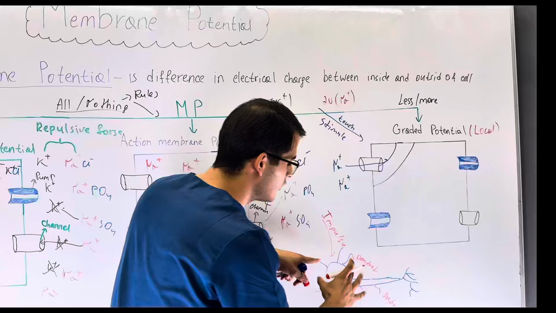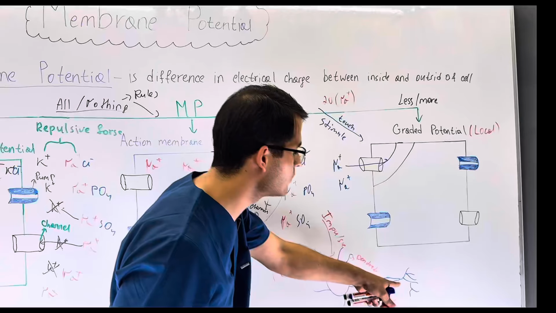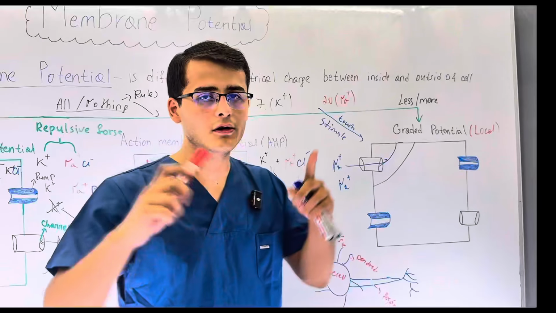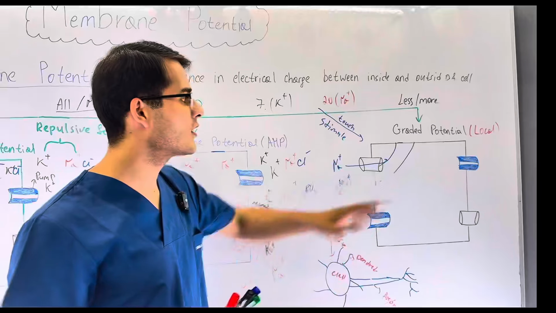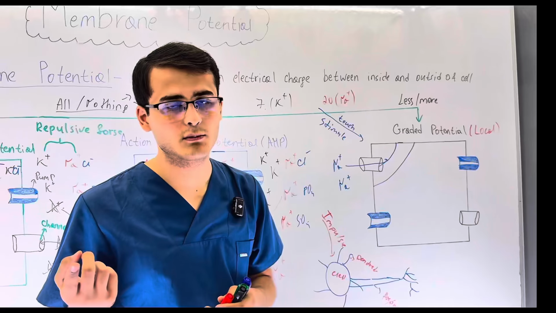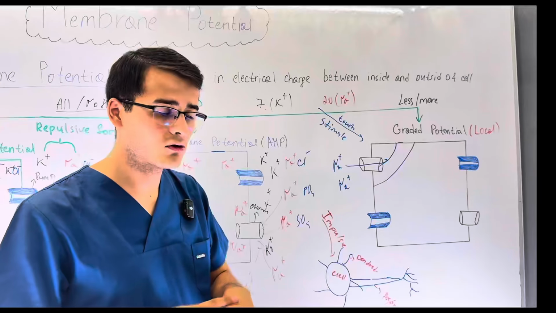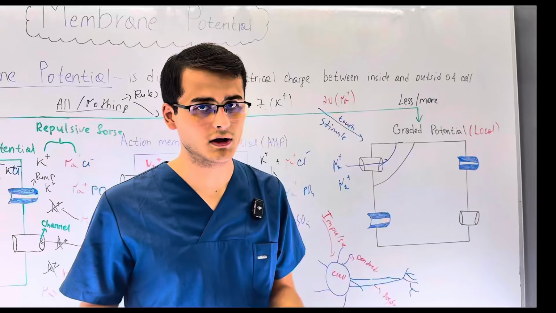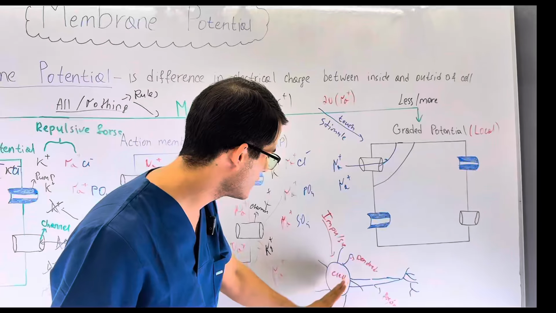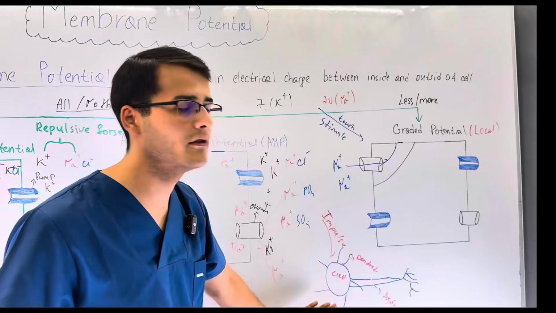It will affect only the dendrite, or if it affects the axon, only part of it, and it will not reach the whole neuron. So that was the meaning of local. It means that you can affect your cell with less stimuli, or with more stimuli. If you affect with more, it may reach half of the axon and the full dendrite.